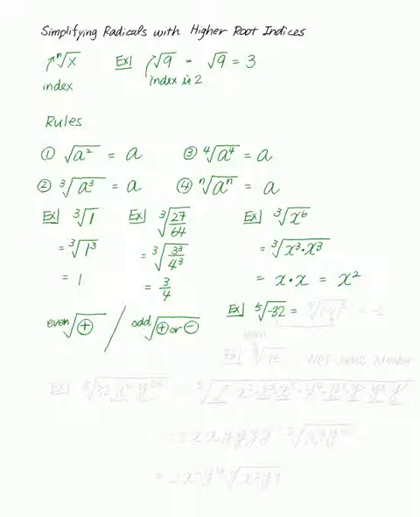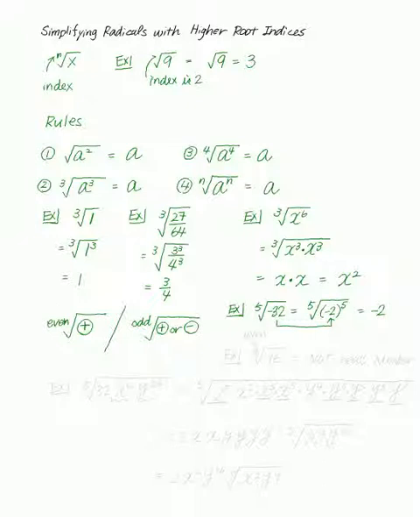This becomes the fifth root of, in parentheses, negative 2 raised to the fifth power. And if you multiply negative 2 five times, you will end up with negative 32. Notice the index and the exponent match, so my final answer is negative 2. I know it seems weird to have a radical and get a negative value at the end, but when you have an odd index, that's very possible to do.